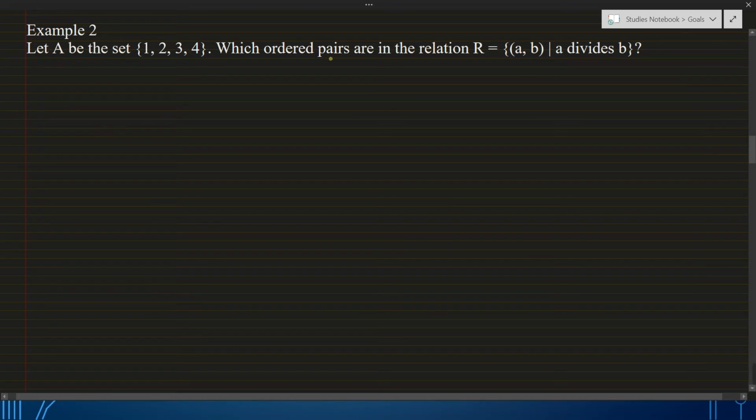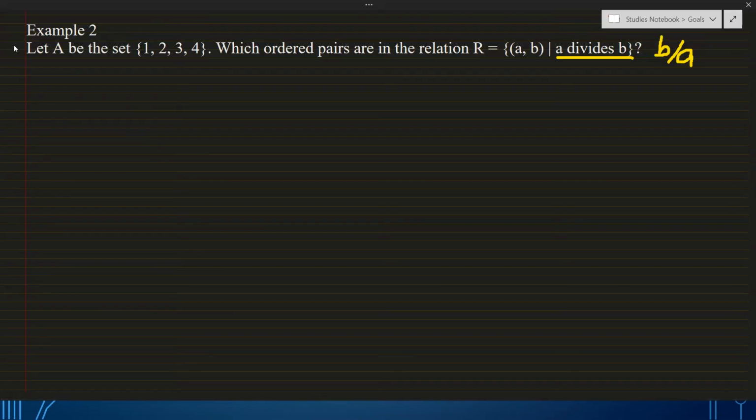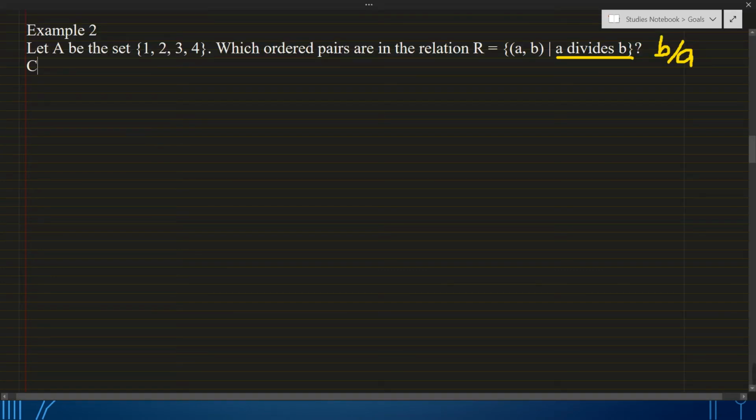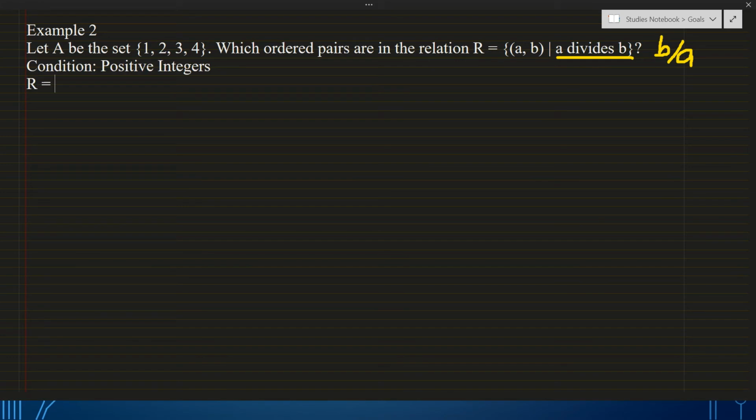Which ordered pairs are in the relation R of (a, b), where a divides b? What does it mean that a divides b? It means b over a has a quotient that is a positive integer. So let's put R here. Do we know what ordered pairs must be here?